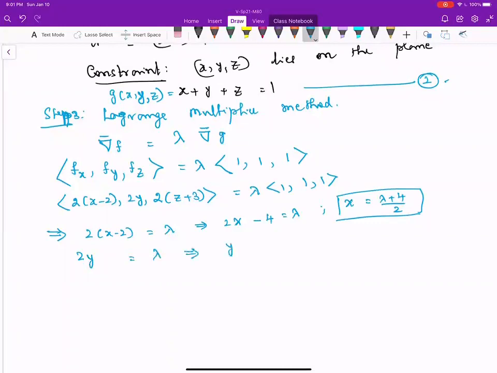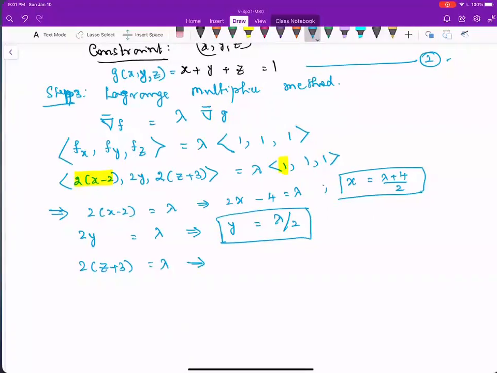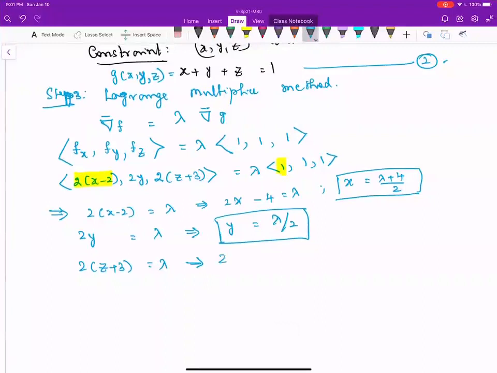This implies y equal to lambda divided by 2. Then 2 times z plus 3, we are equating the corresponding components in this step. So lambda times 1. So this implies 2z plus 6 equal to lambda, or z equal to lambda minus 6 divided by 2.